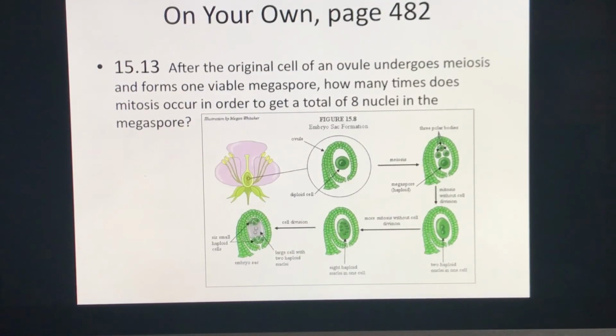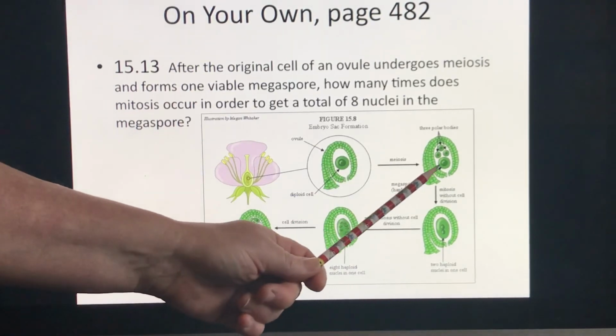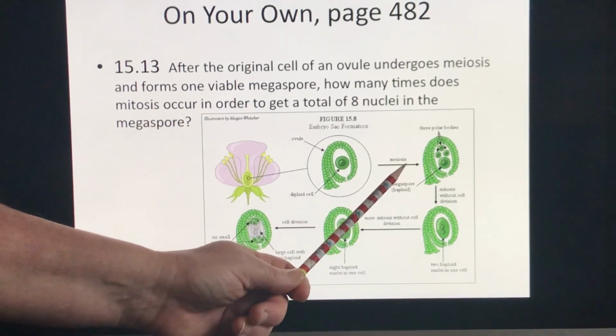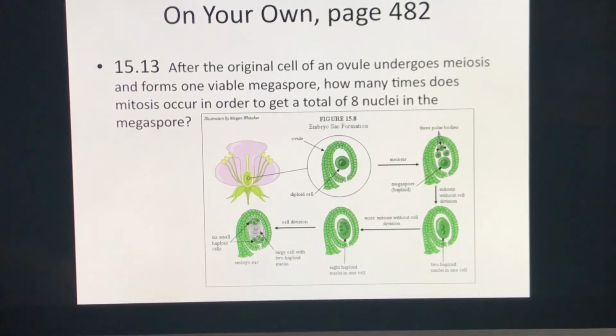All right, 15.13. After the original cell of an ovule undergoes meiosis and forms 1 viable megaspore, so that's here, so we have the diploid cell going through meiosis and forming 1 megaspore.